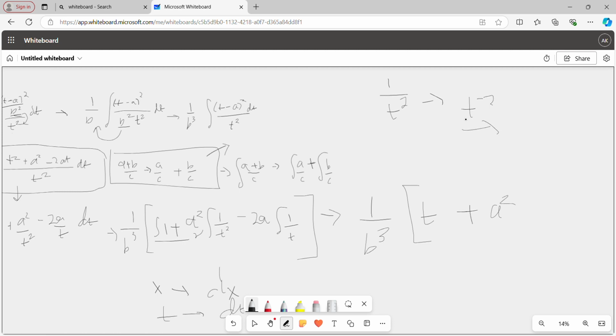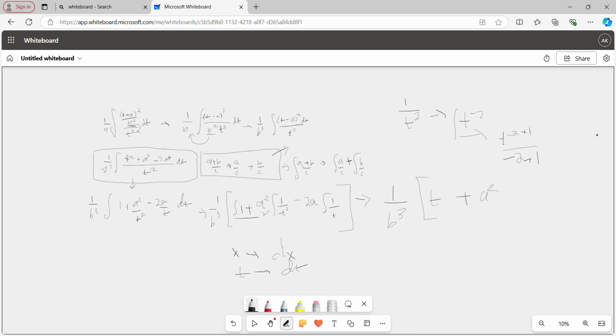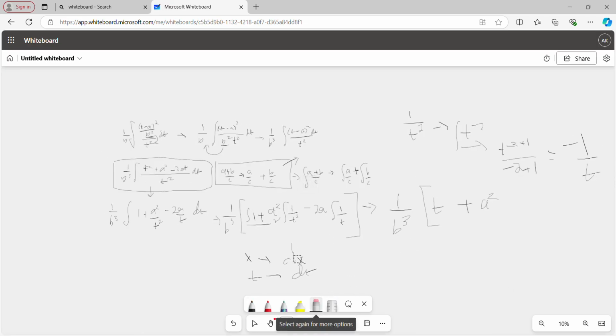If you integrate this using the rule I've shown before, it's going to be t to the power minus 2 plus 1 over minus 2 plus 1, that is equal to minus 1 by t.